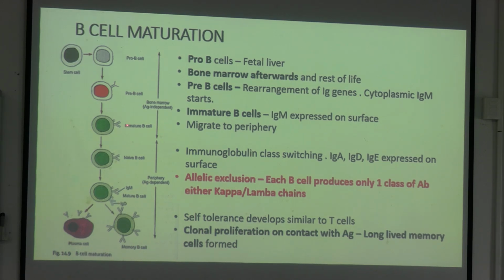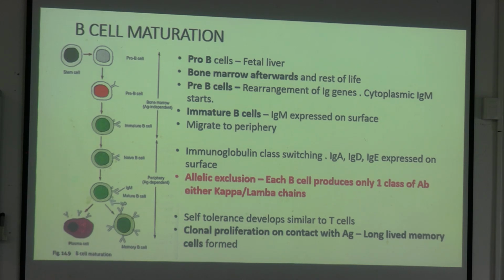Okay, now from the pre B cell the immature B cell develops. Now the immature B cell, you see the structure has matured again, the structure is again developed, so they have something attached to the surface. We'll see what it is. From the immature B cell the naive B cell develops, from the naive B cell the mature B cell develops. This mature B cell either goes into development to the memory cell, or goes into development for the plasma cell.